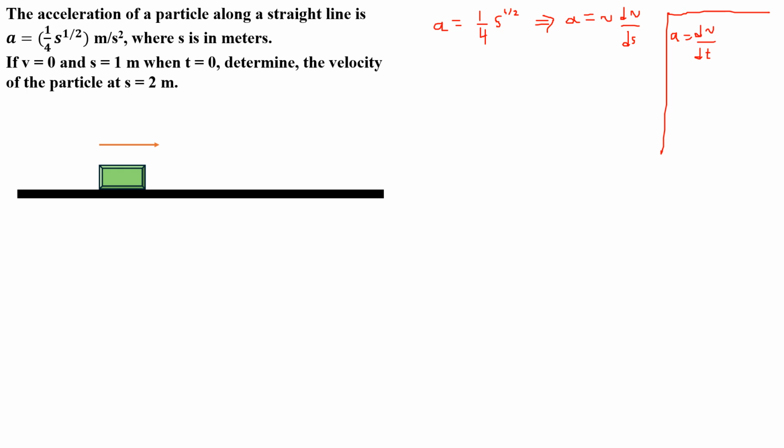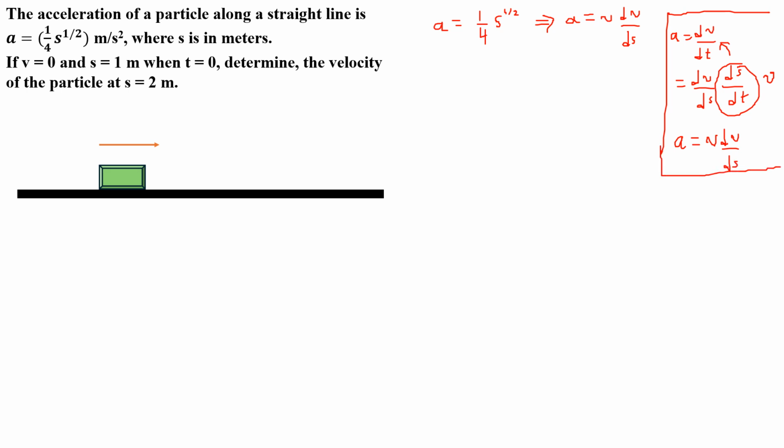So this is equal to dv over ds times ds over dt, so I can cancel the ds and go back to the main definition. Now ds over dt is just the velocity, so a simply equals v dv over ds. So it's just a quick reminder.